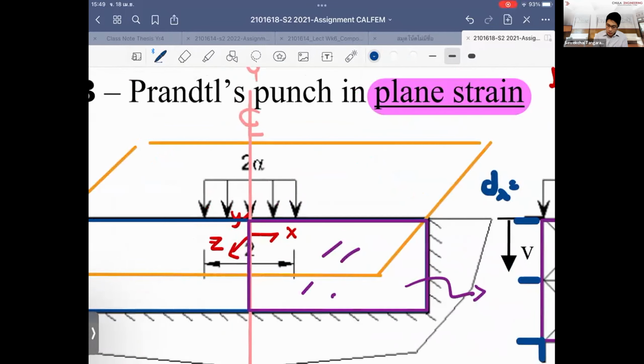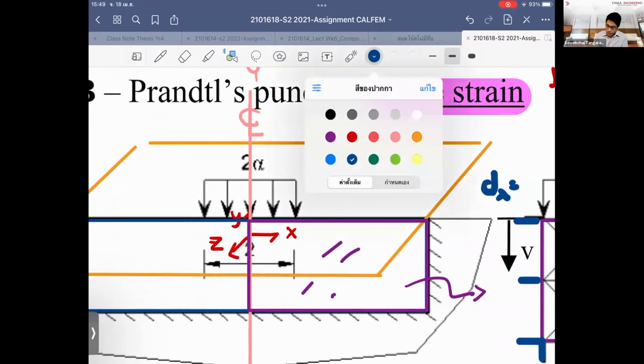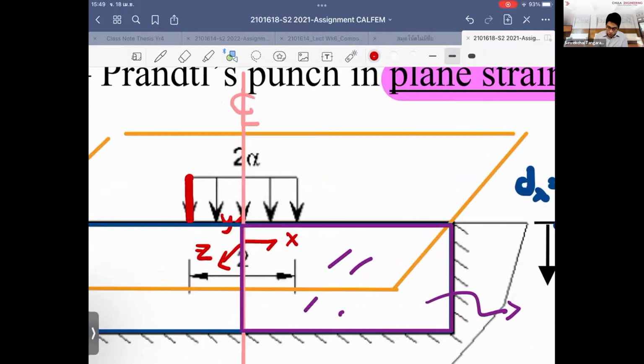Then I'm looking at the loading condition next. We have the uniform distributed load, which is covered over the area here, and this is the length of the loading that has been applied. You see that over the length of 2 meters, the total force is equal to 2 alpha.